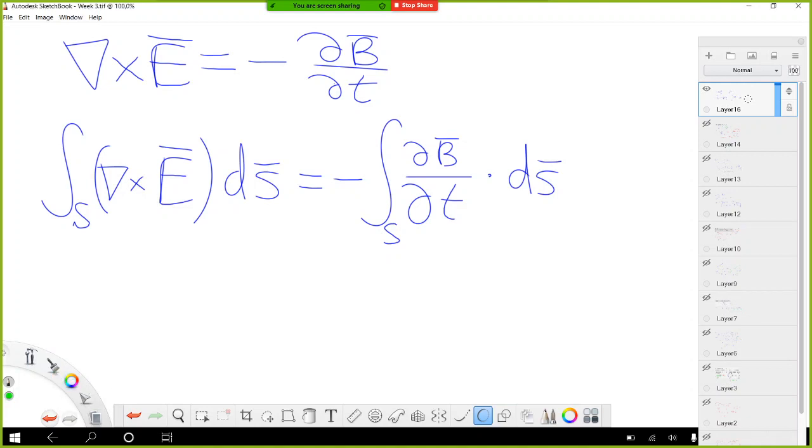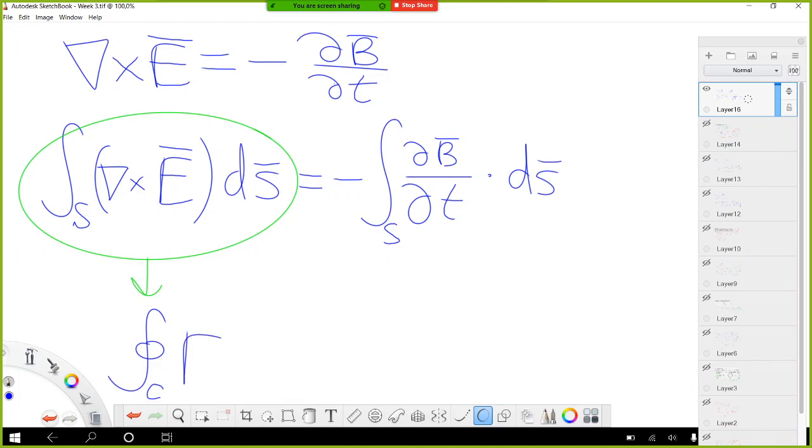Similarly to the previous one, this becomes the integral over the closed path C of E dl.